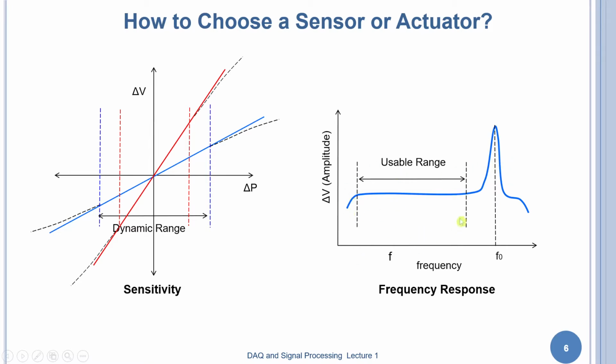It's good to use your sensor only in this flat response region. So avoid using these sensors where your response is going to be very high. This particular curve is typically for a piezoelectric sensor, where you have a very high response at a frequency which corresponds to its resonance frequency.